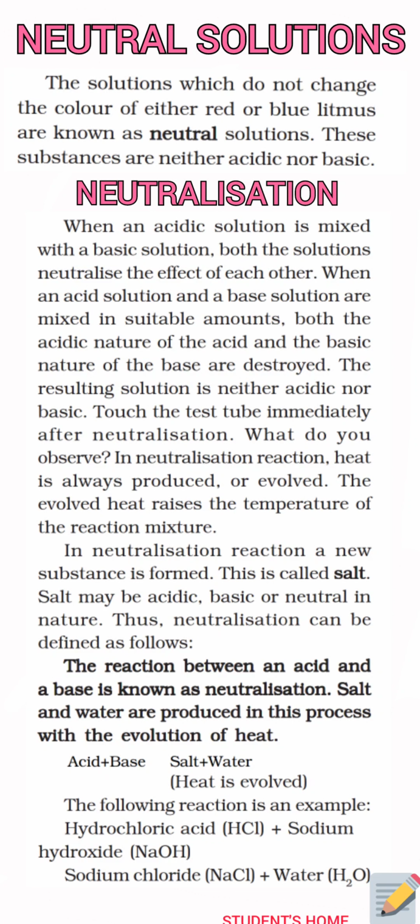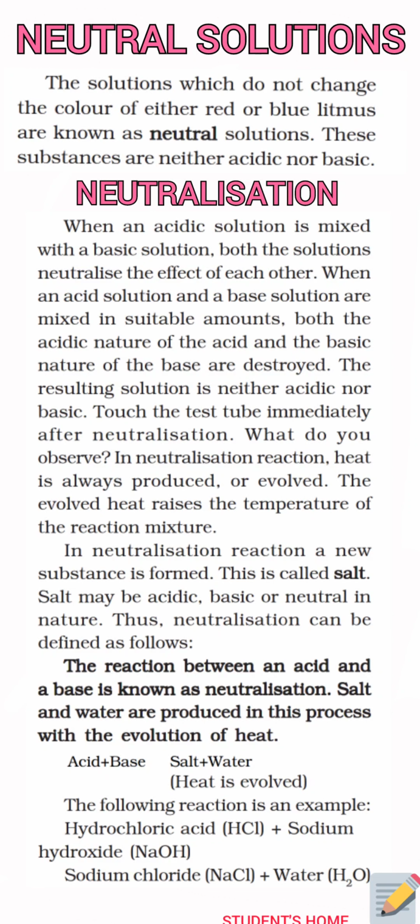They will just remain the same when the indicator is added to those solutions. So the solutions which do not change the color of either red or blue litmus are known as neutral solutions. These substances are neither acidic nor basic.